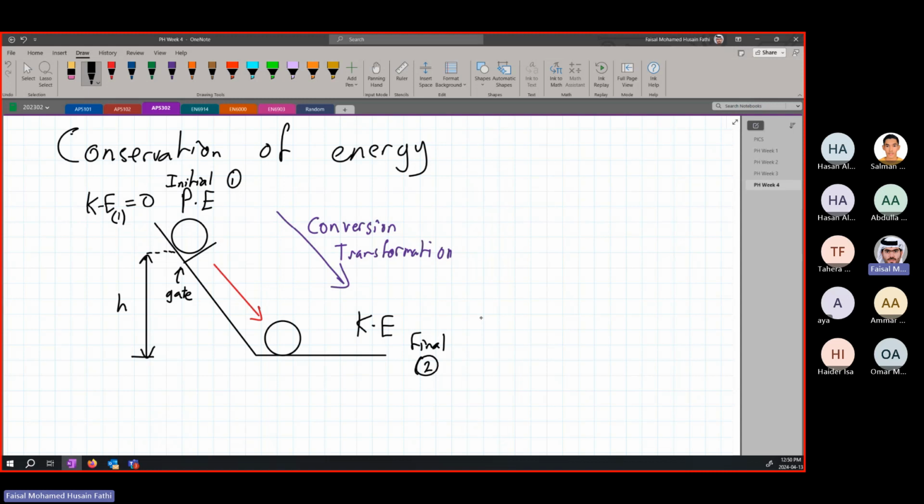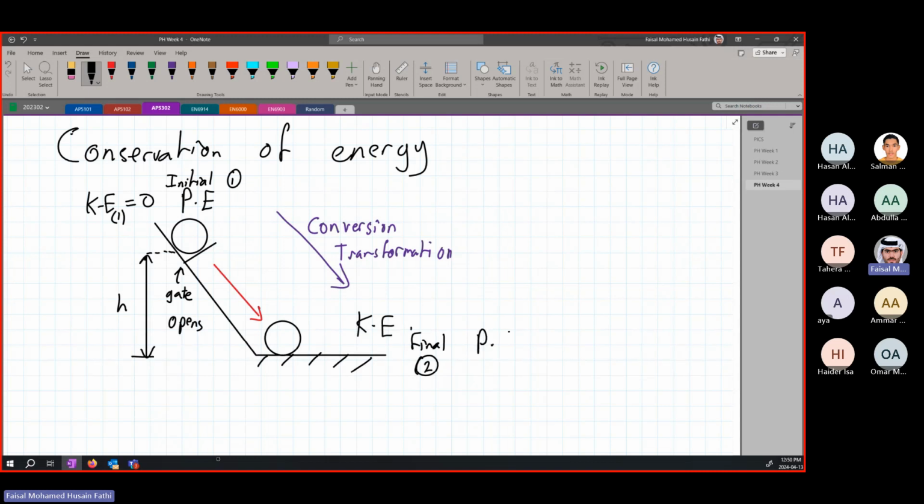It is equal to 0 initially. But there is some potential energy because these balls are at a specific height from this ground that we are identifying. Okay? Once the gate opens, then these balls are going to fall down, transforming or converting all the energy from potential into kinetic energy until it reaches the ground.